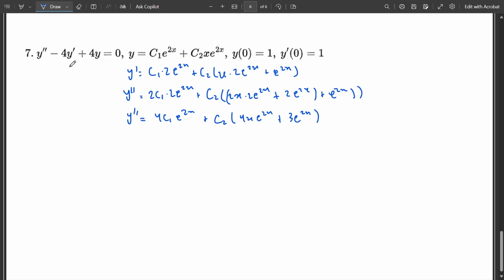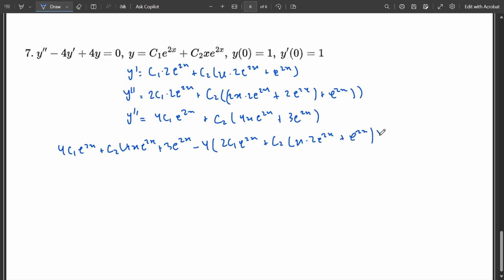And substituting it to here, we have 4c1 e to the 2x plus c2 (4x e to the 2x plus 3e to the 2x), and then minus 4 times y prime. What's y prime? That's this one. We have 2c1 e to the 2x plus c2 (x times 2e to the 2x plus e to the 2x).